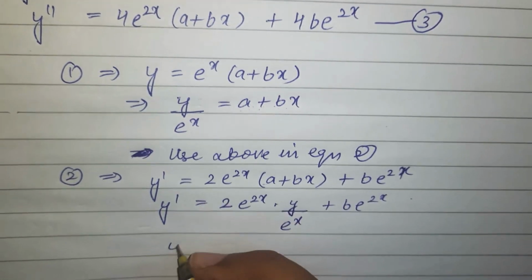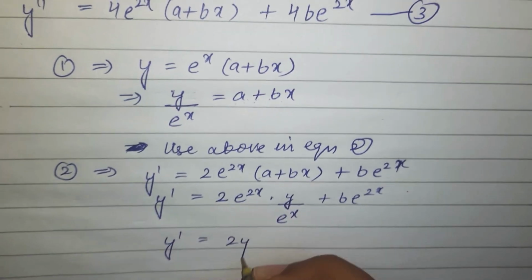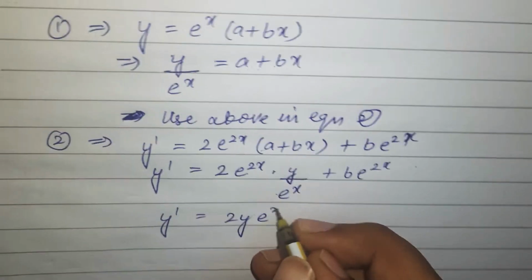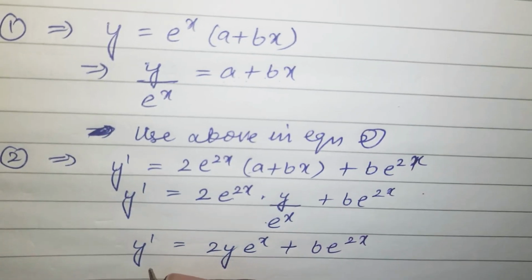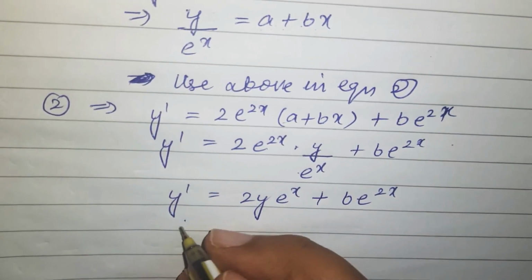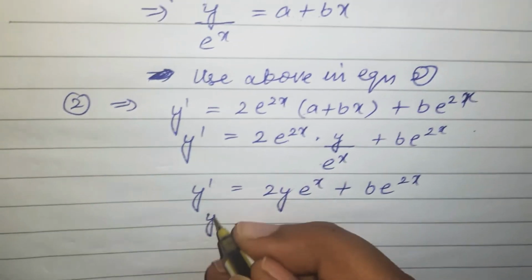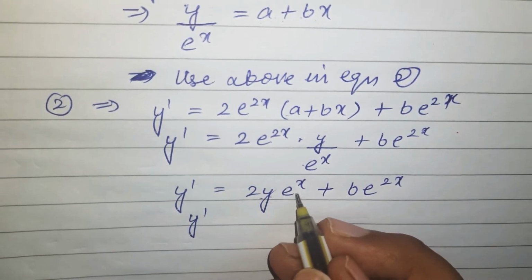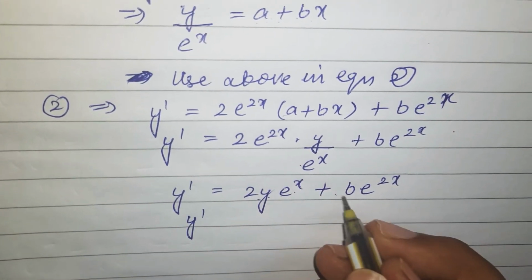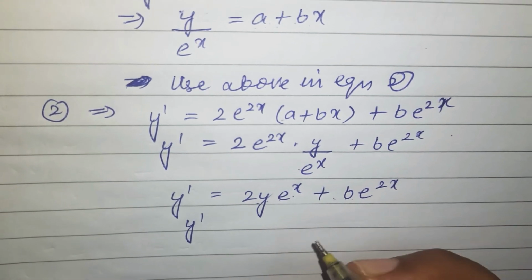So you will be getting y dash equals 2y, same e^x, plus be^(2x). So if I want to take y dash minus 2y, e^x plus be^(2x).